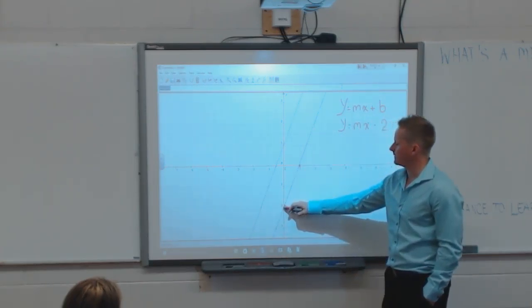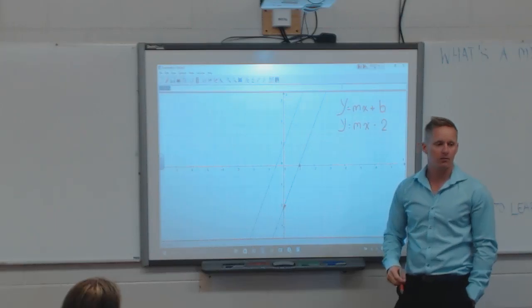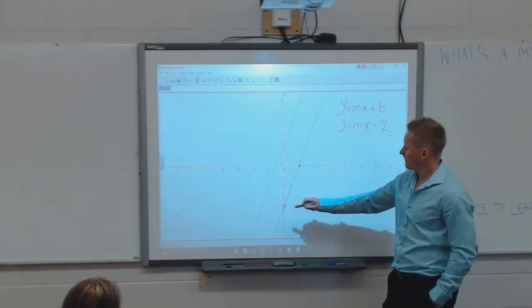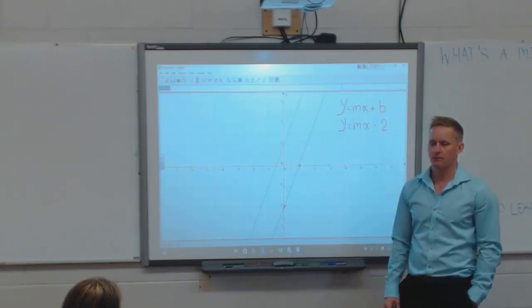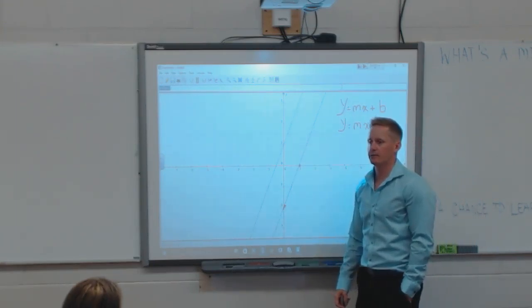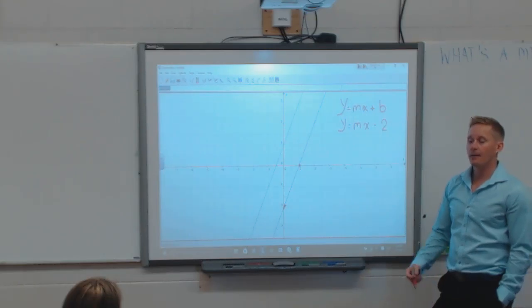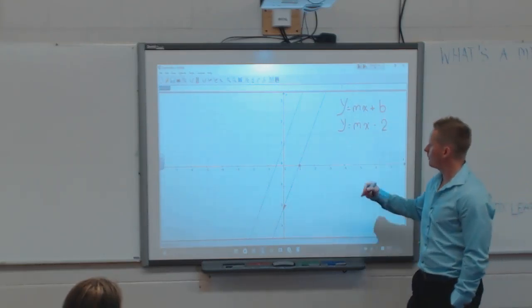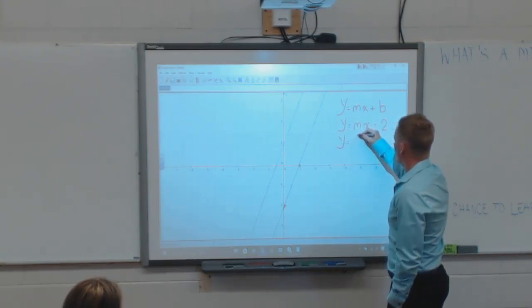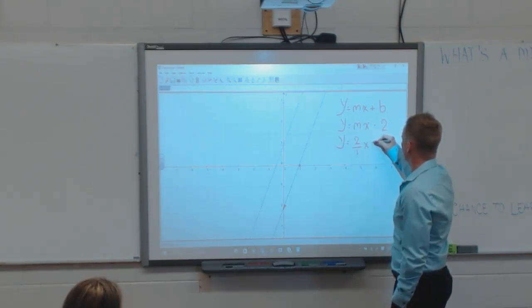How do I go from -2 to 1 and 0? Tell me, if I was standing right here, how would I get to there without going diagonally? Up 2 and right 1.